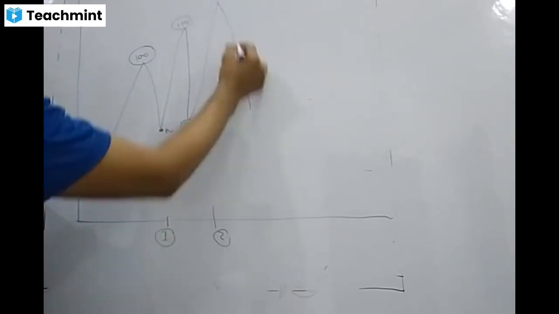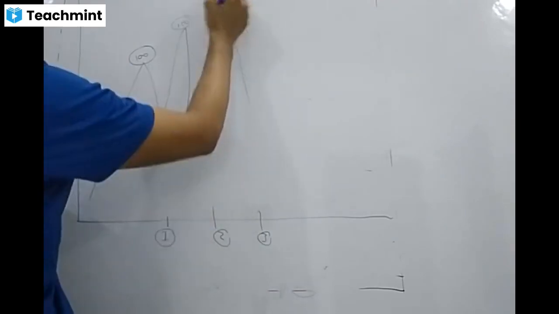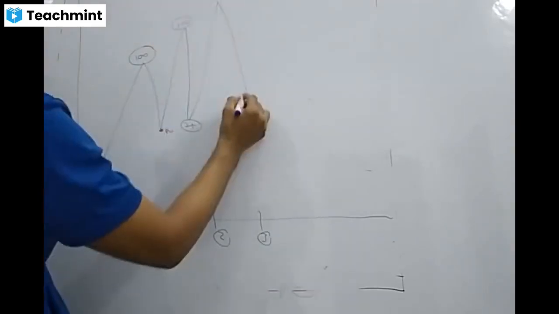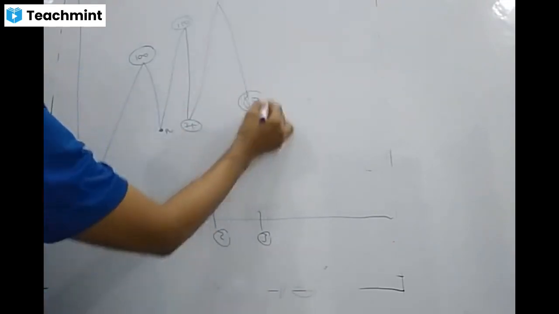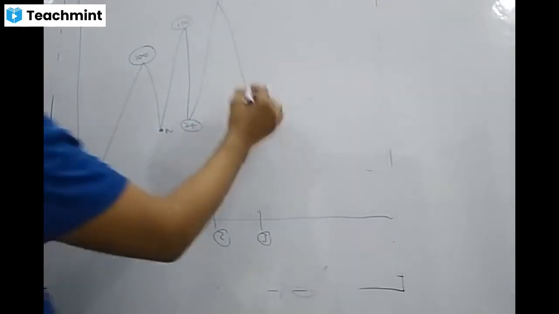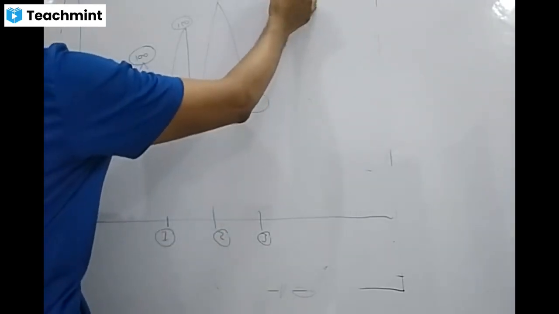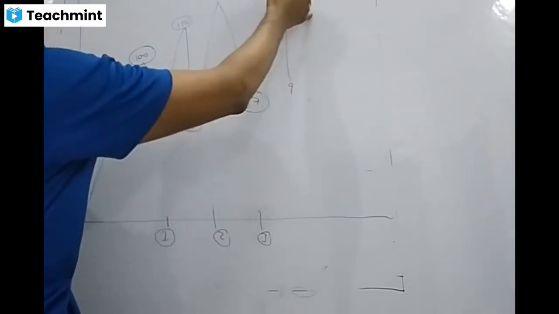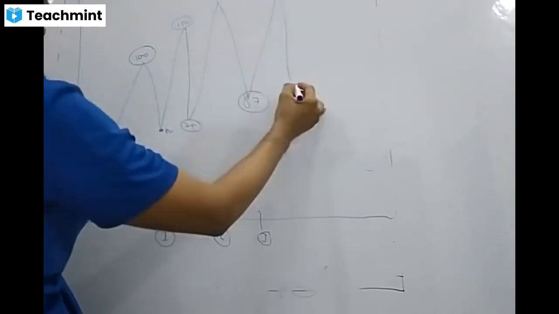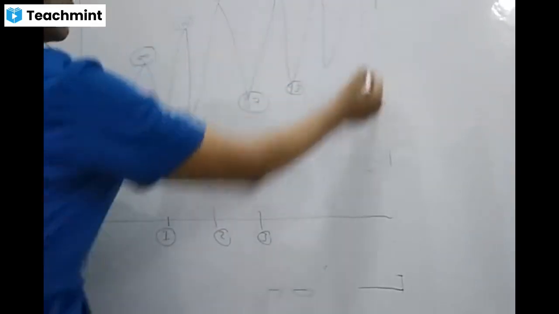Then in the third half-life, it will become half of this, 87. Again, if I add 100, it will become 187. Then half of that will be about 93.